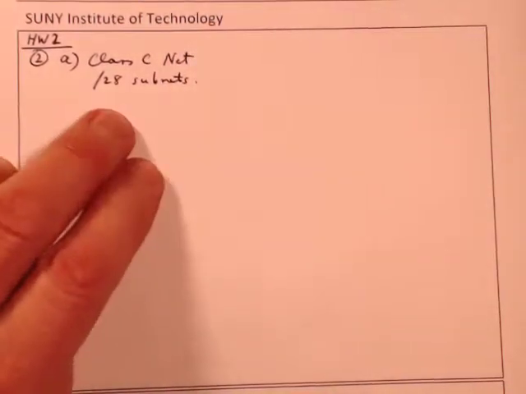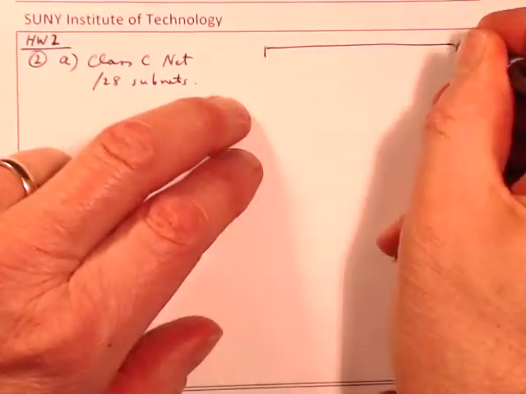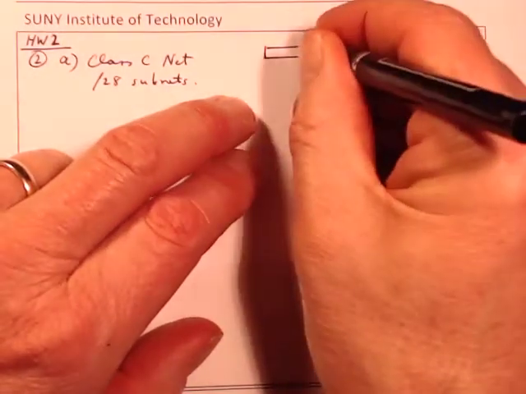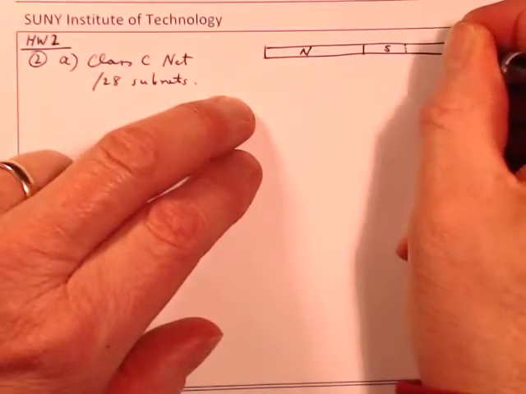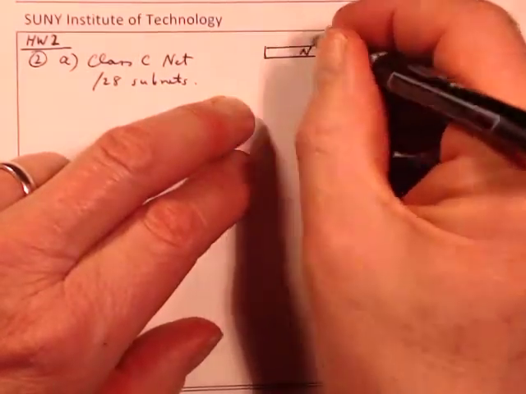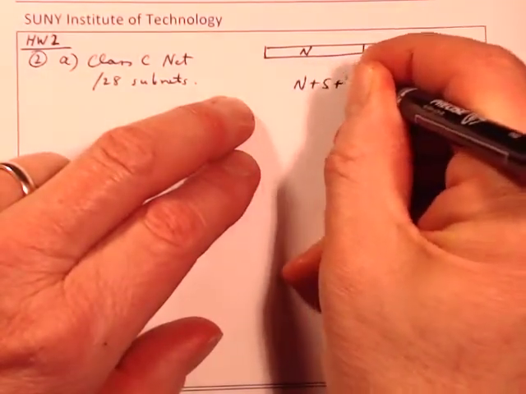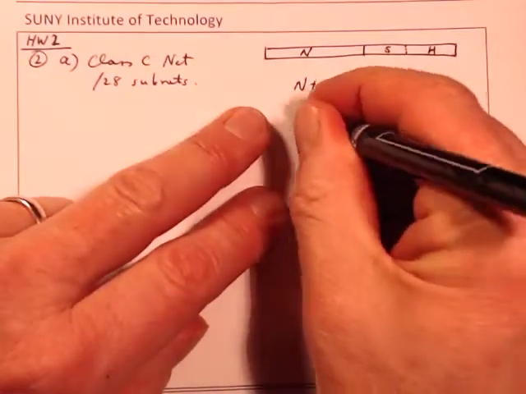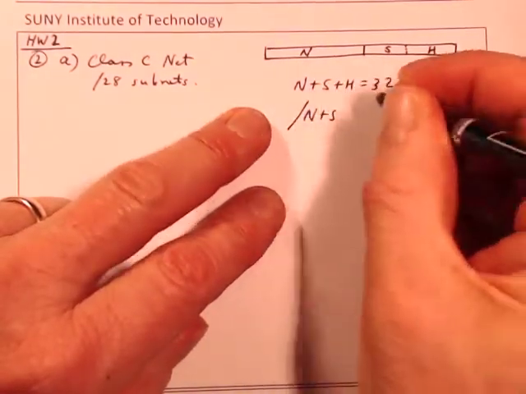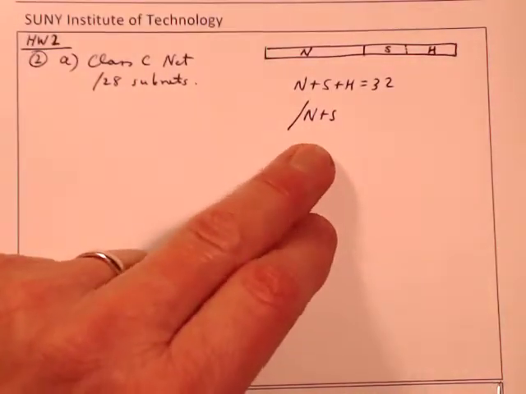Let's always start with our network subnet host picture, where n plus s plus h is 32 bits, and I have /n plus s as my designator.